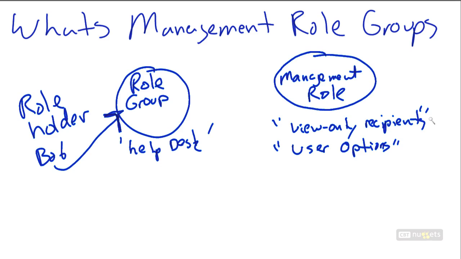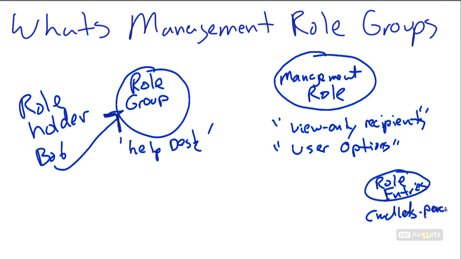What makes this work is something called, and I've got to do it down here, role entries. The role entries describe exactly which commandlets and parameters you can use. So it kind of feeds that. These role entries will get added to a management role.